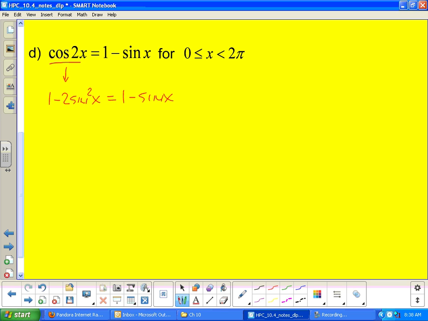And then move everything. I'm going to just kick all my stuff over to the right so my sine squared becomes positive. But I have a 0 on this side. And I have 2 sine squared x minus the sine of x. And when I subtract the 1 from the left over to the right, I end up with nothing.